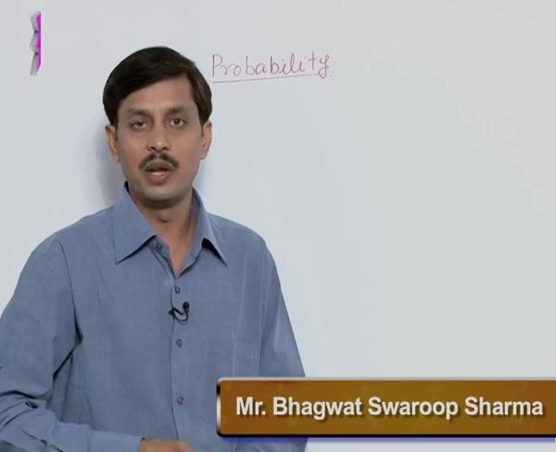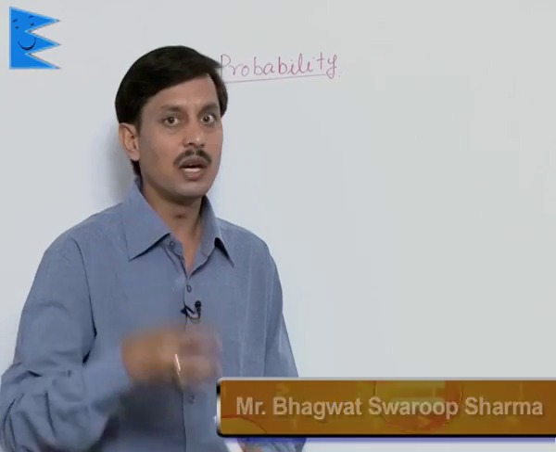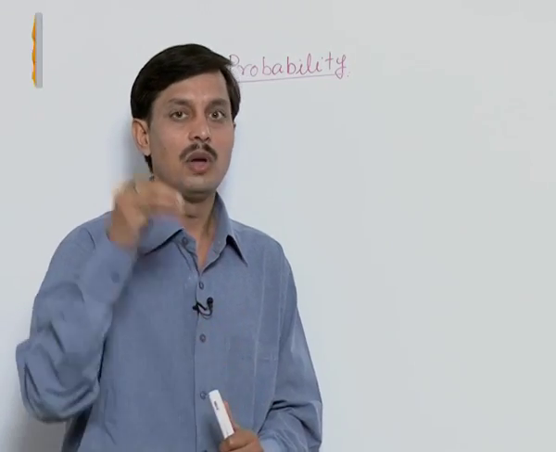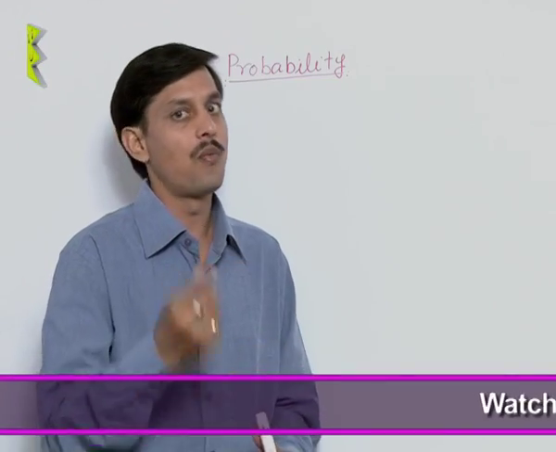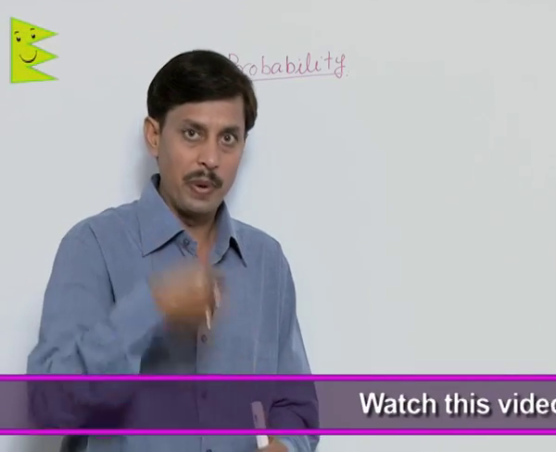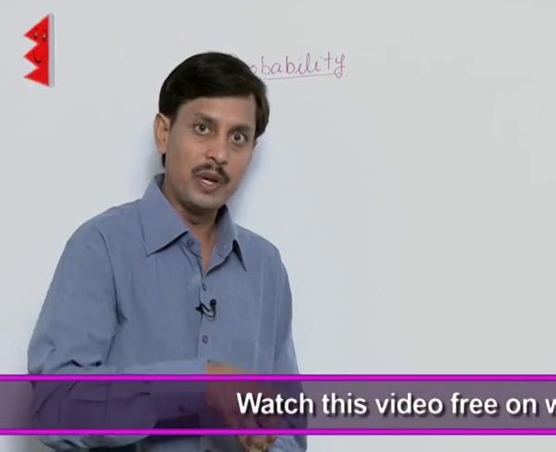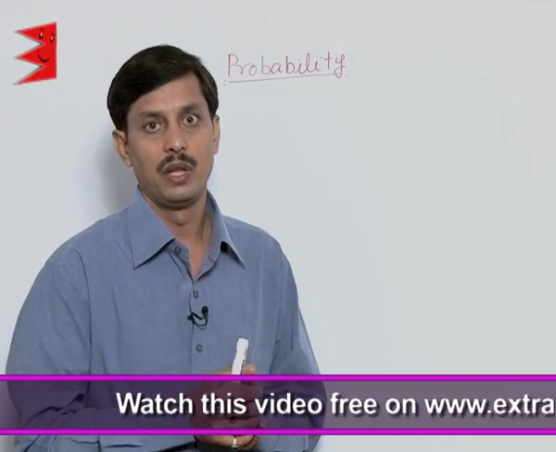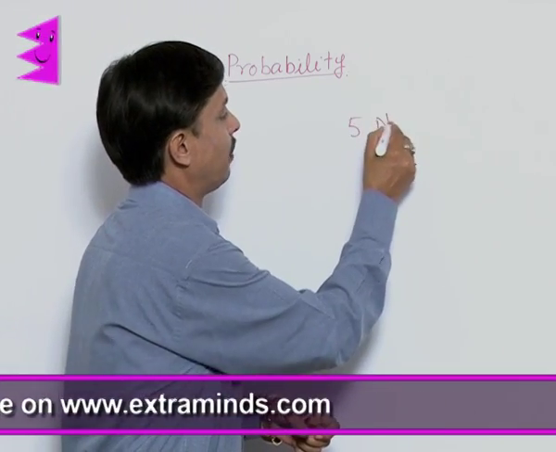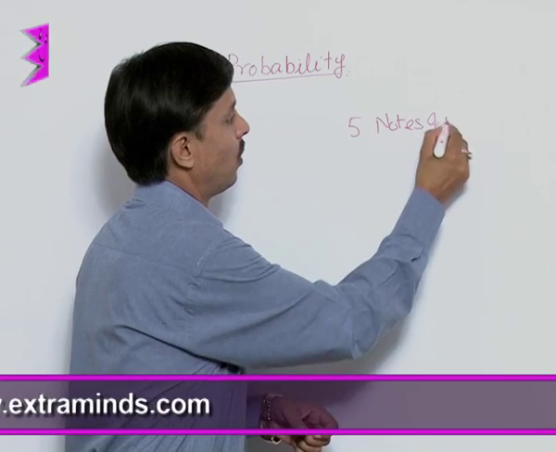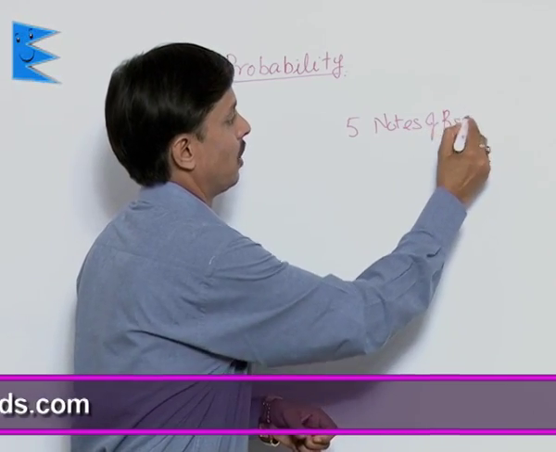The opposite of a sure event is the impossible event. What is an impossible event? Suppose in a purse you have 5 notes of 5 rupees each. You want to pick a note of 50 rupees from the same purse.